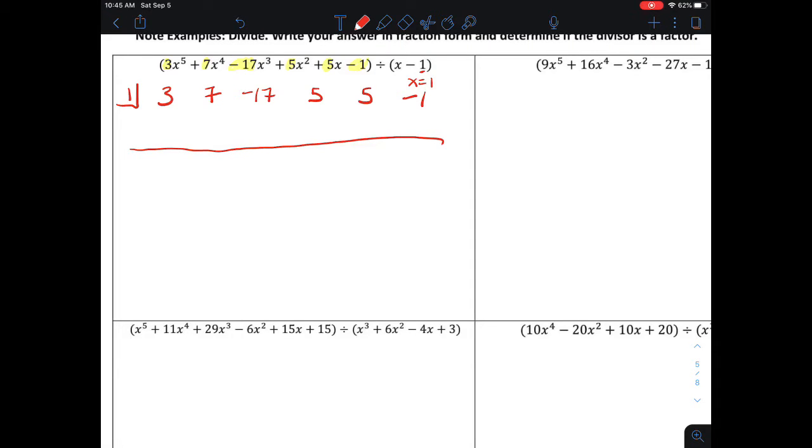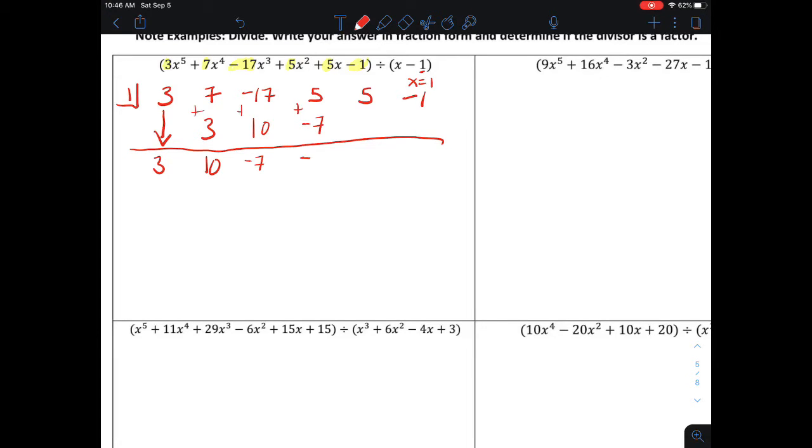The way synthetic division works, you drop the first number down, then you multiply it by what's in the box. 3 times 1 gives me 3, and then we add. 7 plus 3 gives me 10, and then I repeat. I multiply by what's in the box, that gives me 10, and I add and get negative 7. Negative 7 times the number in the box is still negative 7.